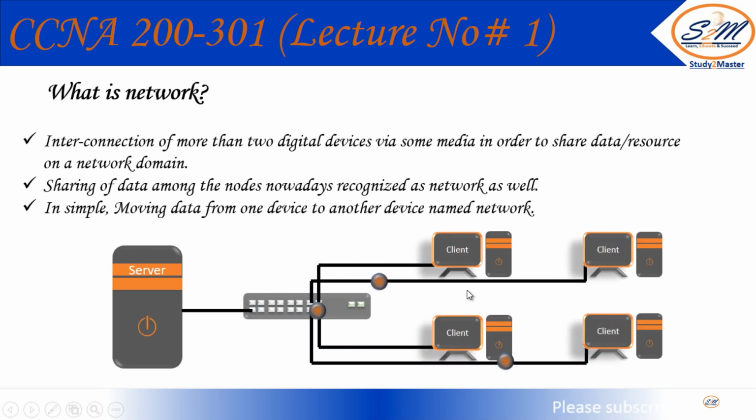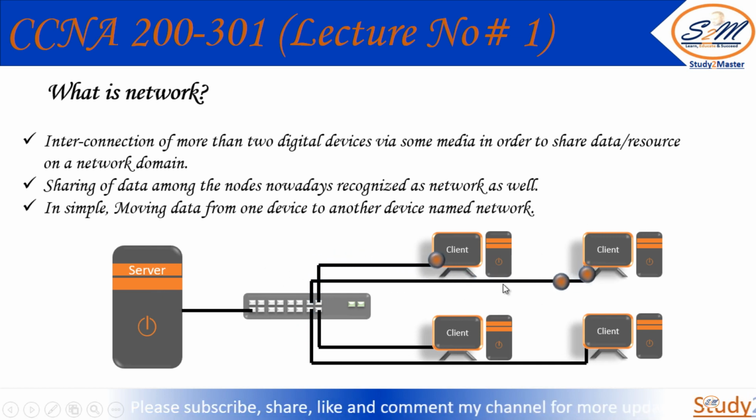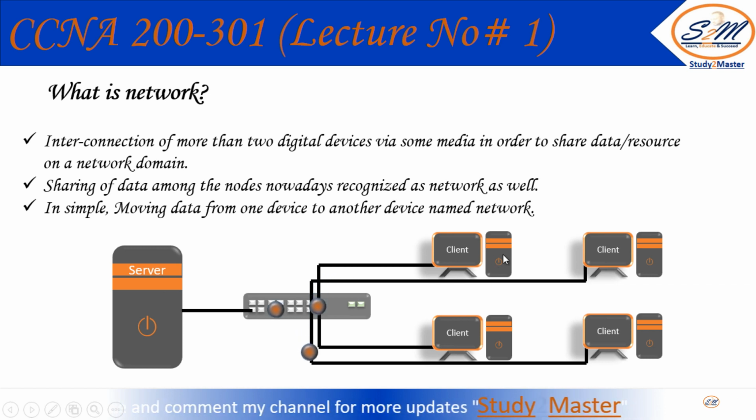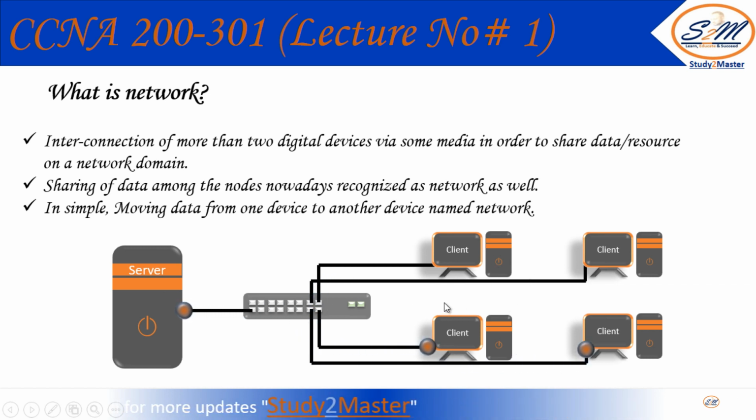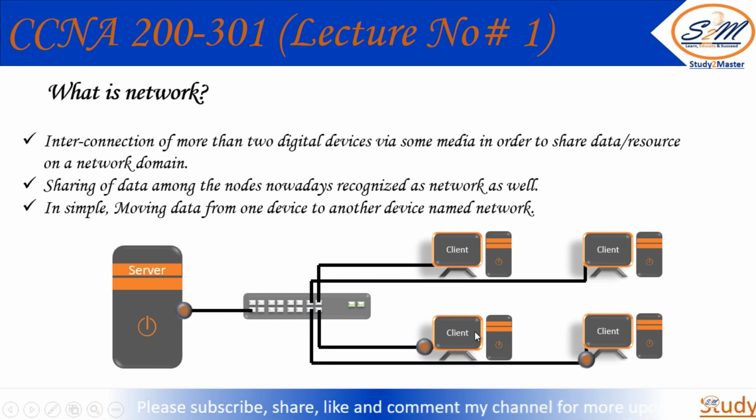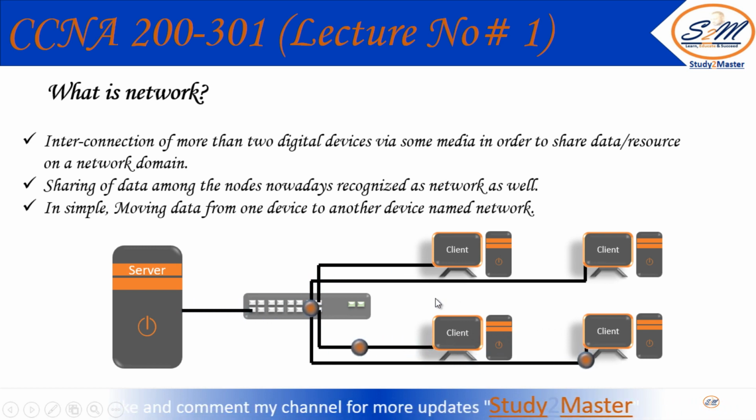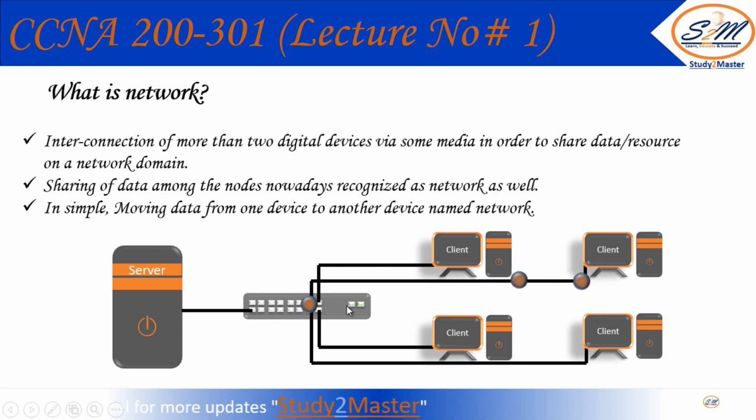So look at this example. Here we have one switch and 4 clients. These 4 clients communicate with each other. In simple words, this is called a network, a local area network. All these 4 clients are connected to each other and pass data from one node to other nodes with the help of a hardware device called a switch.